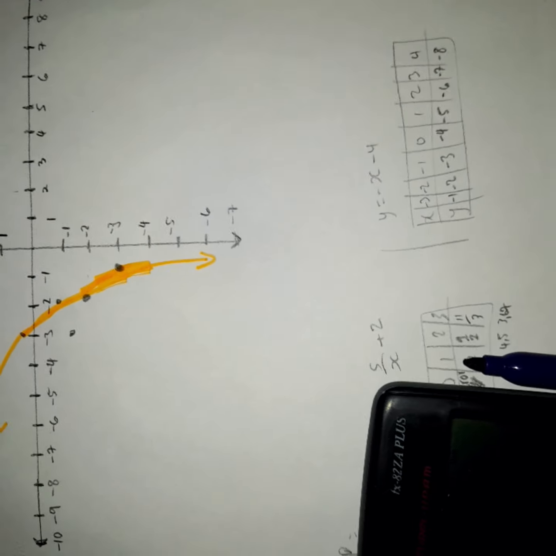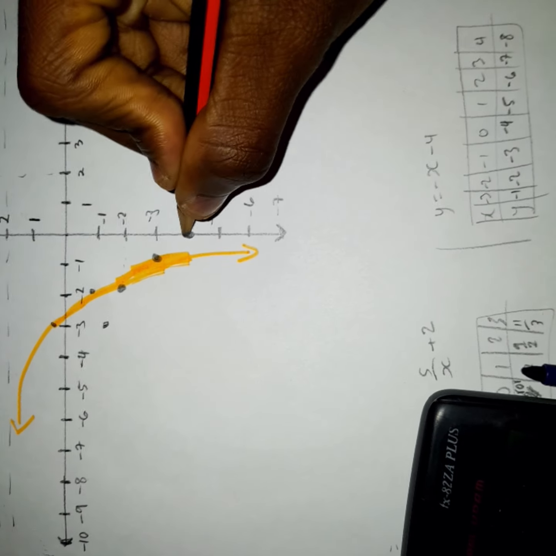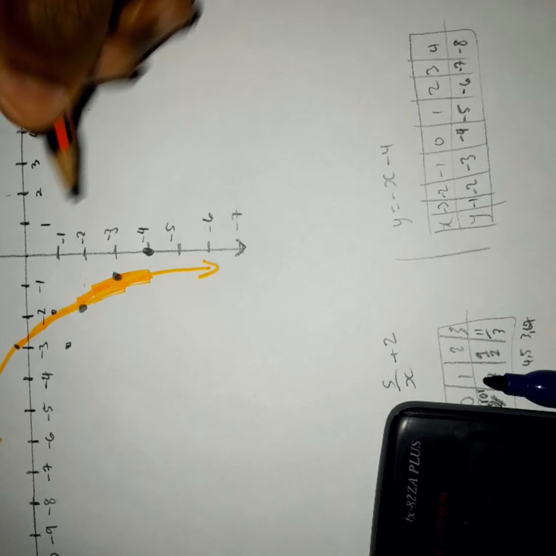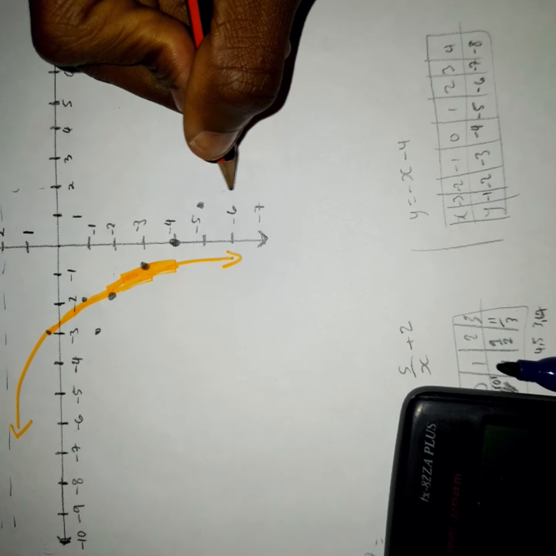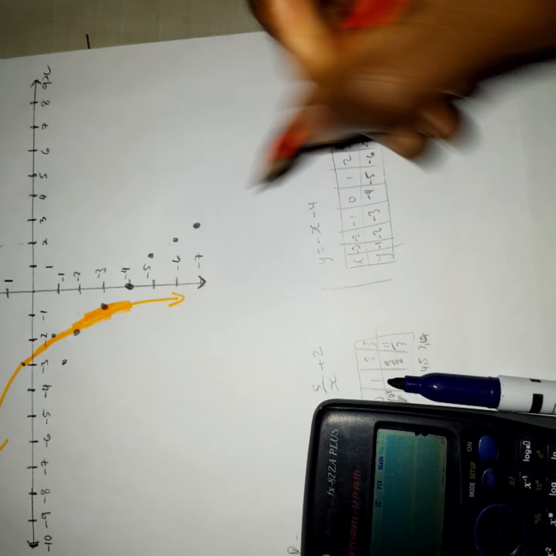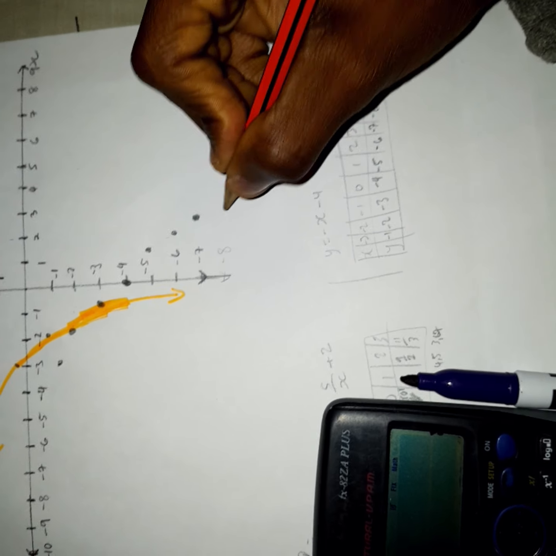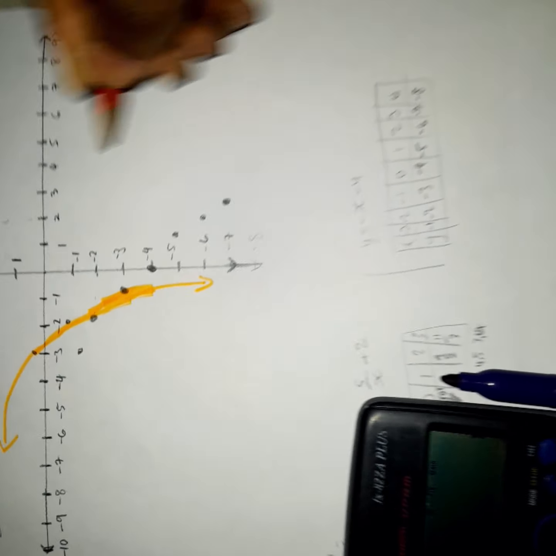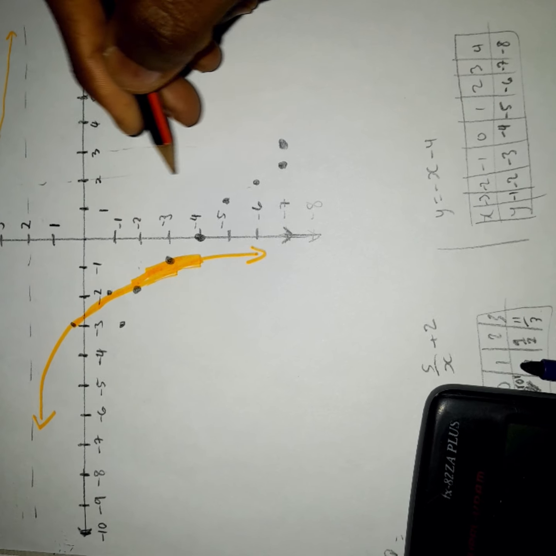Oh, they have a point of intersection. At 0 it's -4, which is the y-intercept, and at 1 it's -5, -6, -7. Let's just leave it there, because it will need me to extend the graph. Okay, let me just do it, even though it will make everything messy. At -3, it's -7, it's a bit here, and this one is somewhere here. Sorry for that.